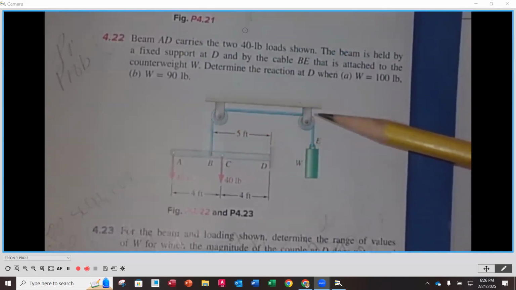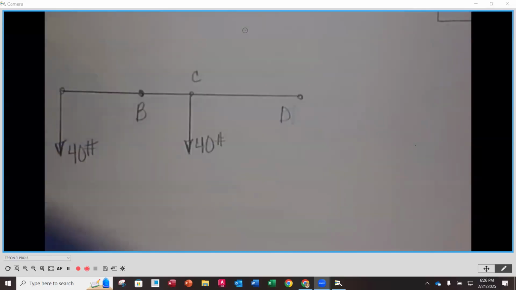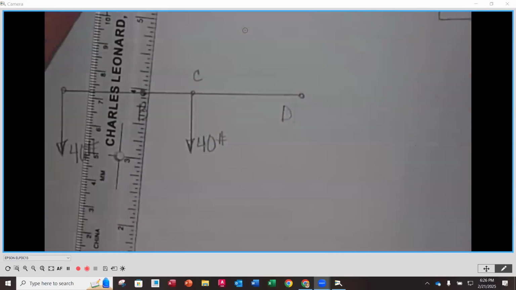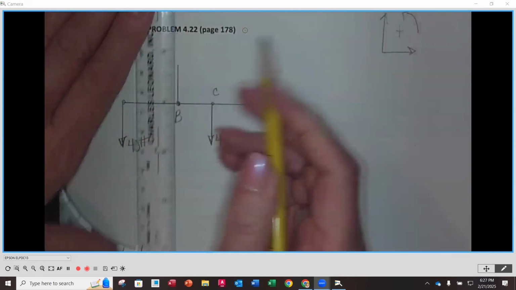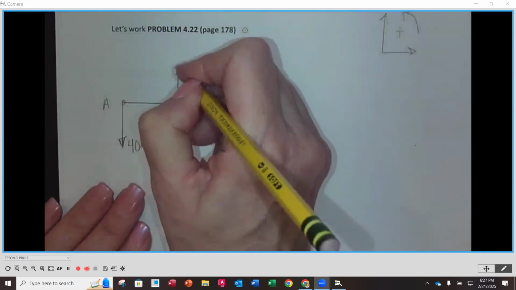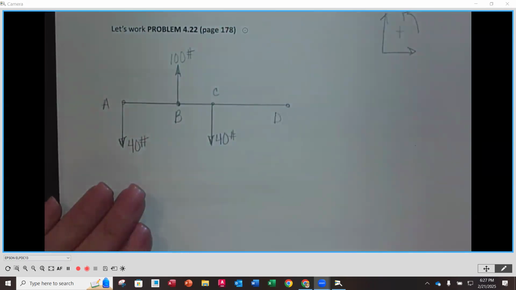Do you see that? It goes on the cable and then goes down here. So it's 100 pounds pulling up at B. So we are going to identify that as 100 pounds pulling up. Okay. So that's just another applied load. And it's just because it's attached through that cable to that counterweight.